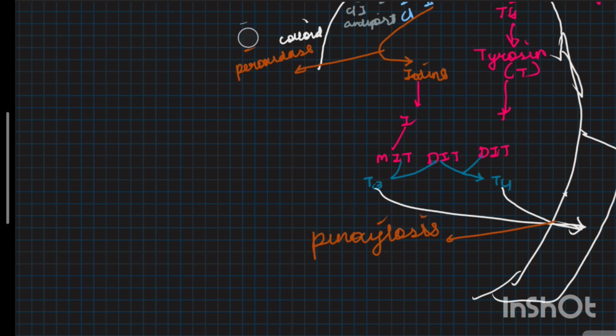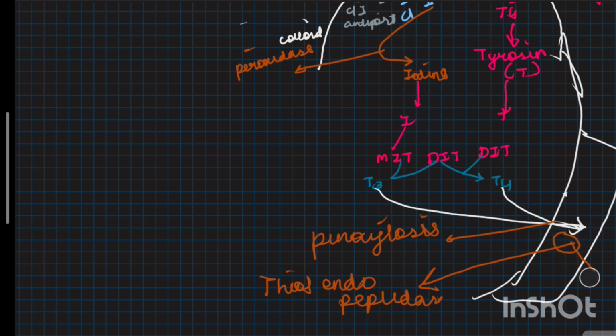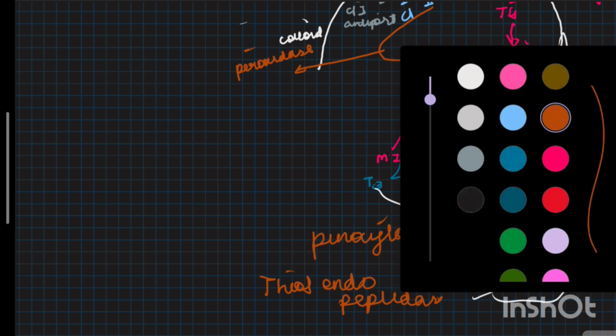Now there is release of T3 and T4 with the help of thiol endopeptidase. Now T3 and T4 will enter the systemic circulation.